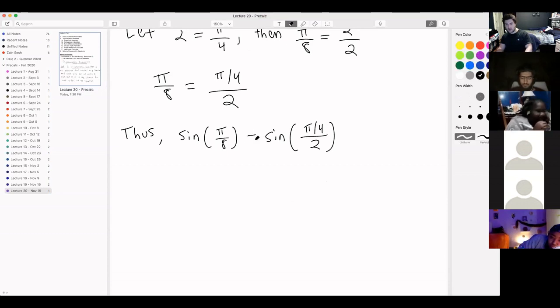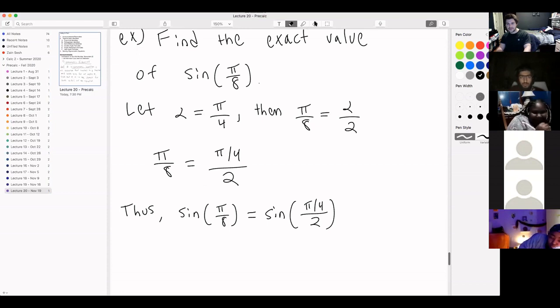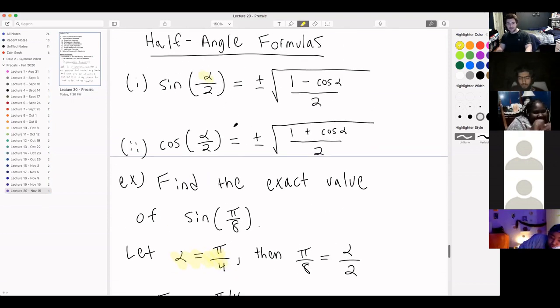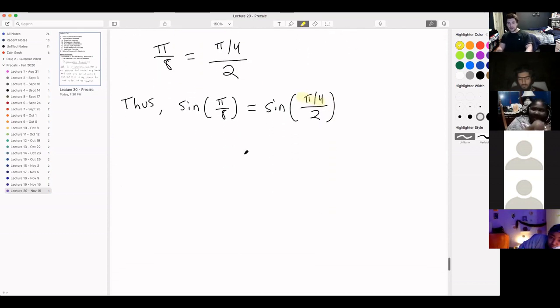Okay, and now I use the half angle formula with alpha being pi over 4. See, I have an alpha, there's my alpha, over 2. It matches the identity perfectly now. Good. So now you just apply the identity. There's not much to do now.